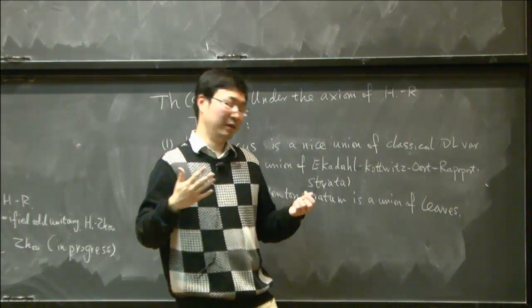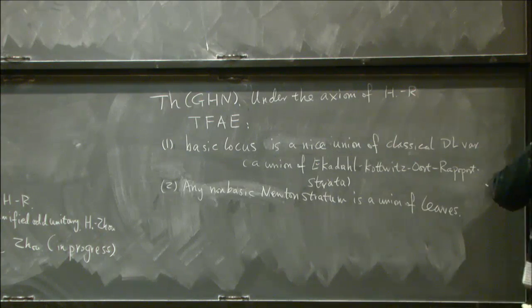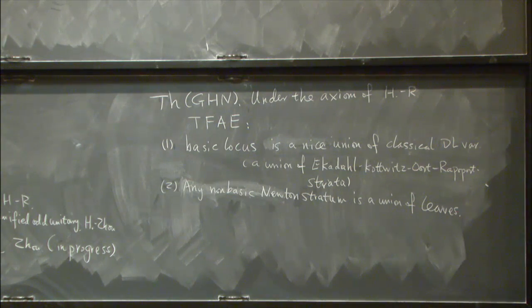So in general, if you have the Newton strata, then you can have the underlying reduced scheme, and the fiber is just the central leaves. So here this just says that the underlying reduced scheme is just the fundamental points.